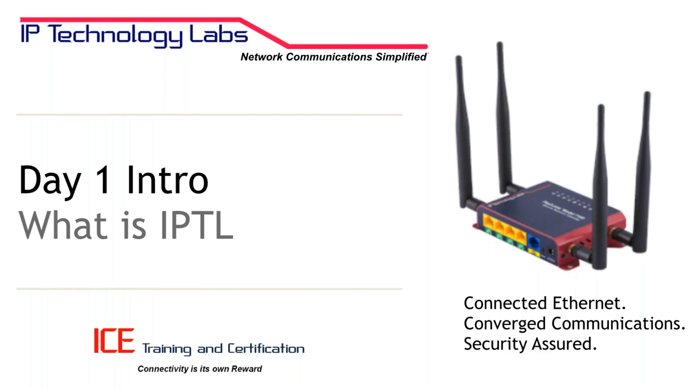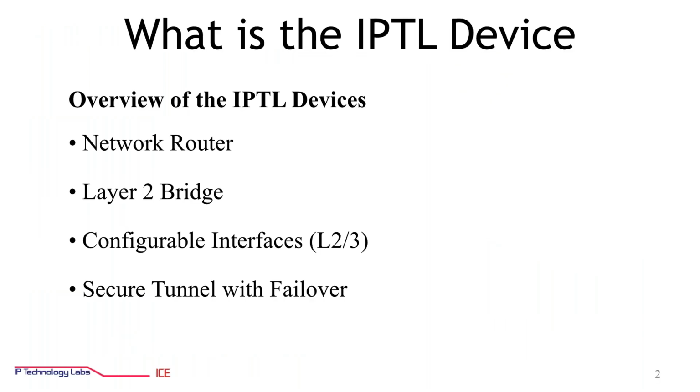So the first section that we're going to go through is what is IpTL? We're going to do an overview of the device. Now, internally within the device, we can operate as a full network router, a layer 2 bridge.